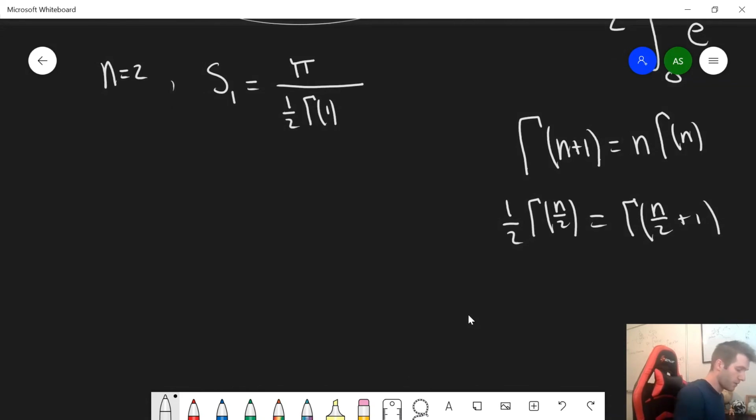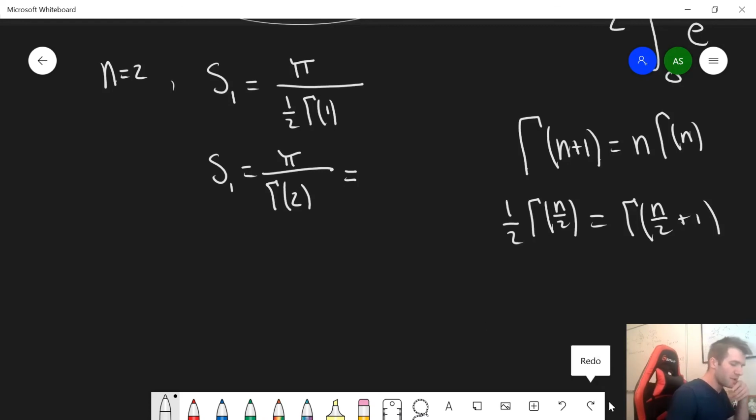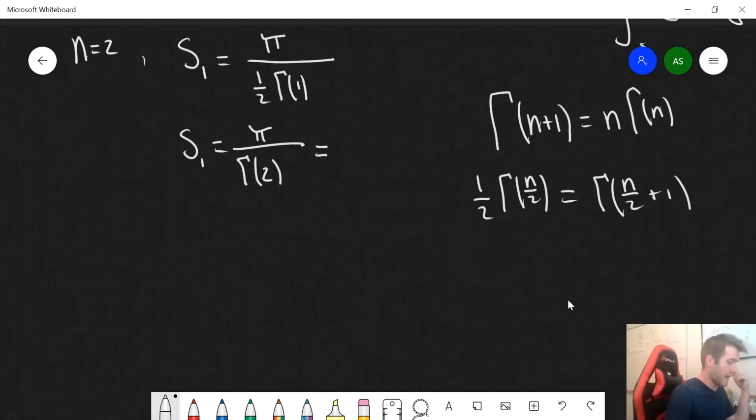Therefore, our S sub 1 is going to be equal to pi divided by gamma of n over 2 plus 1, and n equals 2, so we're going to have 1 plus 1, which equals 2. So gamma of 2, well, let's pull out another property from the gamma grab bag.